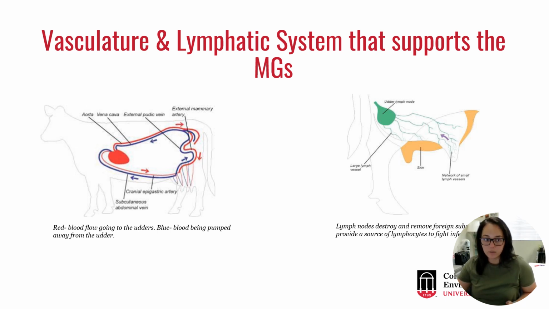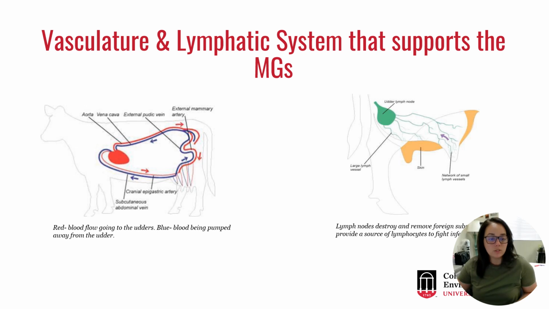Sorry, I had a brain fart. So if you look on the left-hand side, this is kind of a very brief overview, and I'm sure I could have gotten into a whole other rabbit hole of the vasculature system that goes into the mammary glands.